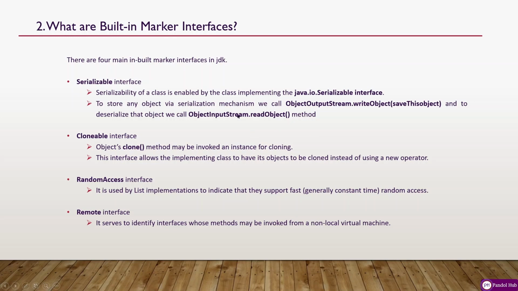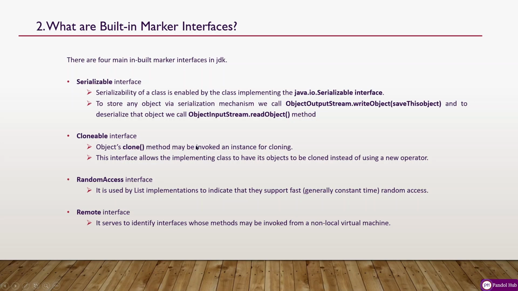Because they don't have any variables or methods, how are we going to do it? The serialization mechanism is achieved using ObjectOutputStream and ObjectInputStream. These two have the methods writeObject, which will serialize your object, and readObject, which will deserialize your object. Okay, so the next one is the Cloneable interface.